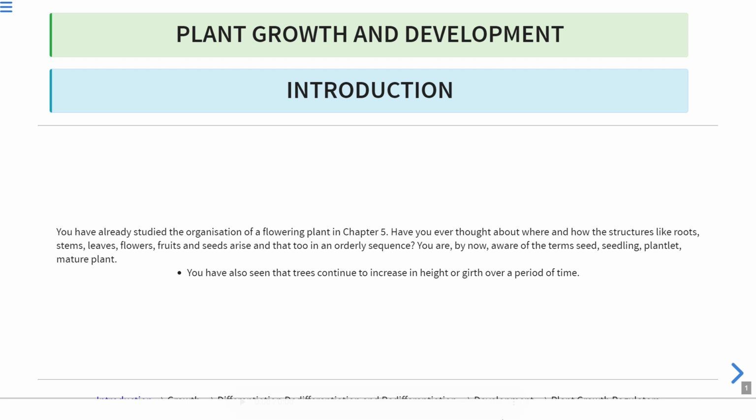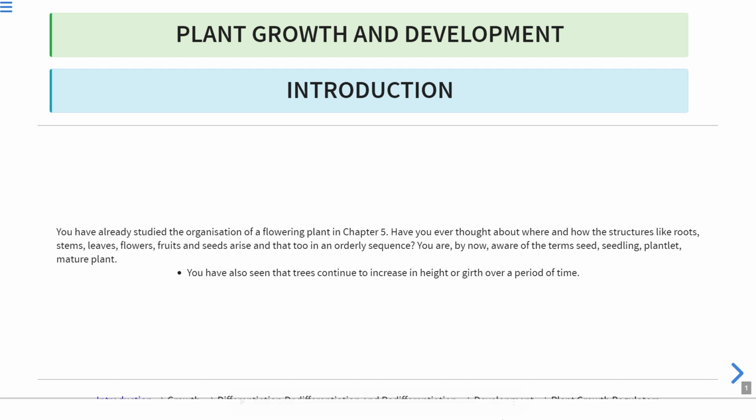So have you ever thought about where the roots come out from, where the stem originates, where the first leaves are formed, and how the flower, the fruits and seed arise in the plants, and how this occurs in a sequence?